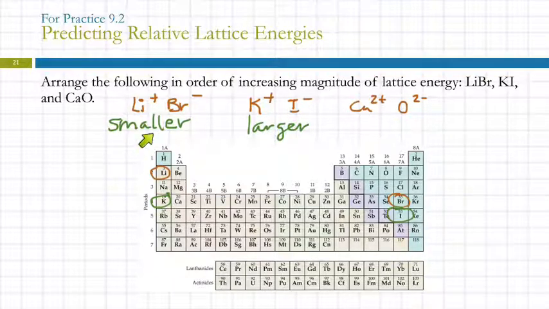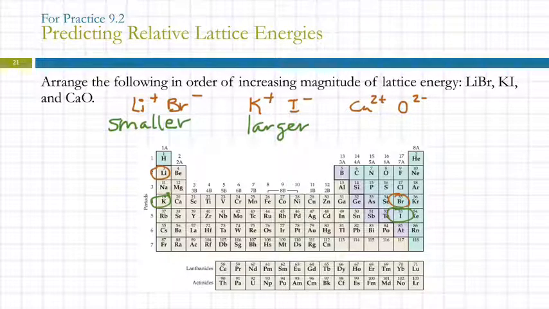So smaller ions, is that higher or lower lattice energy? Larger or smaller, I should say. It's a larger lattice energy, because those charges can get closer together. And the closer together they can get, the more energy they will release.